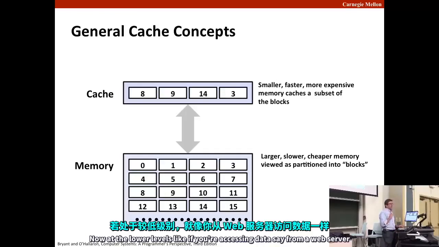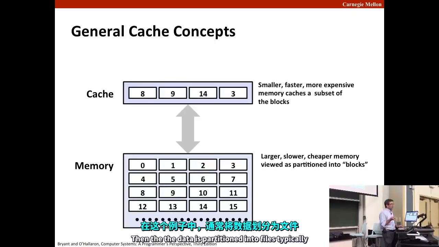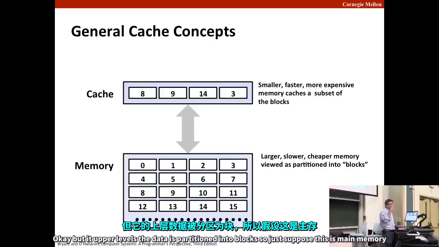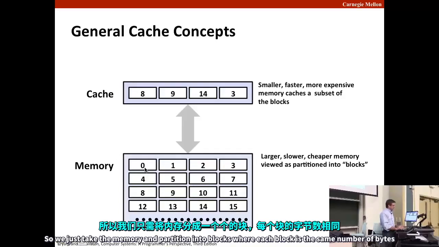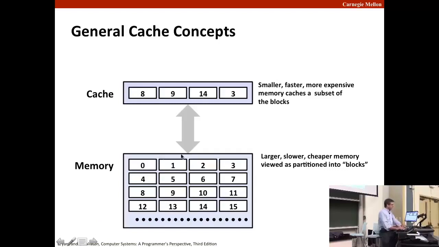At the lower levels, like if you're accessing data from a web server, the data is typically partitioned into files. But at upper levels, the data is partitioned into blocks. Suppose this is main memory: we just take the memory and partition it into blocks where each block is the same number of bytes.